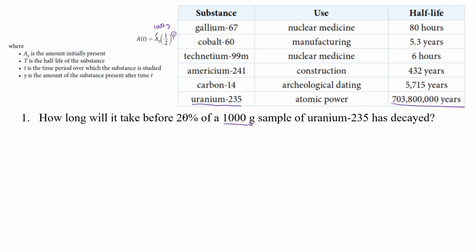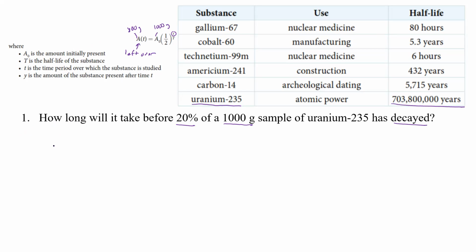And so A of t is going to be how much is going to be left over at the end. Well, we want 20% of the sample to be decayed. So how much is left over? Well, left over is only 800 grams. Okay, so we have to think about that in the proper way. This is left over, and we said 20% is decaying, so 20% is going to be gone. What's left after that? Well, that's 80%, which is 80% of 1,000, which is going to be 800 grams.